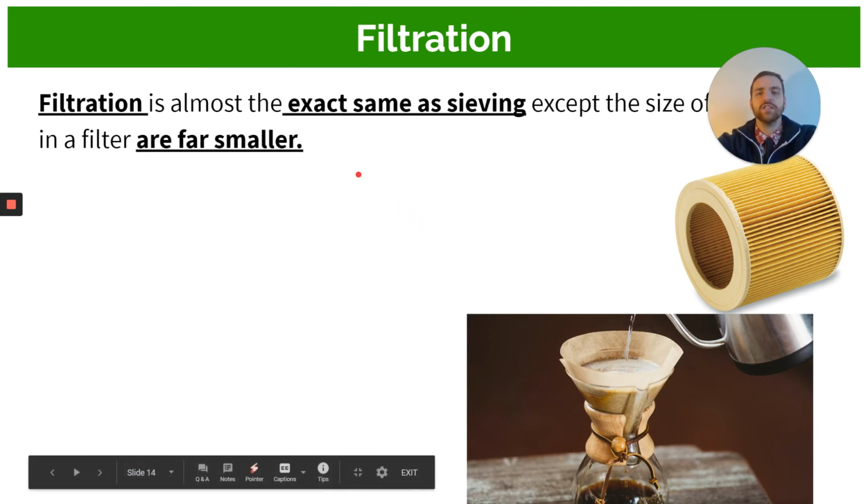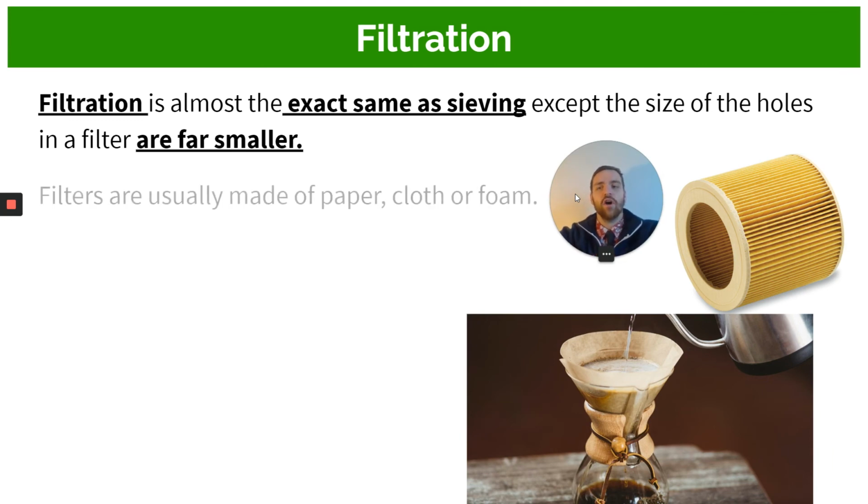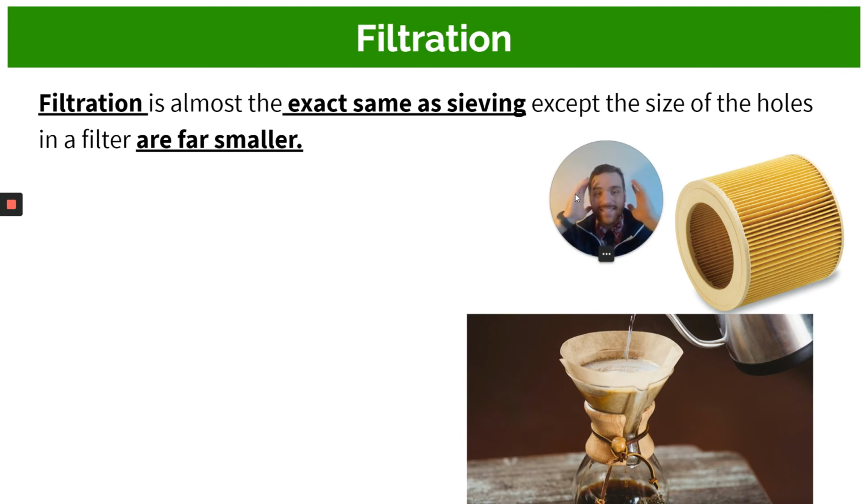Filtration is almost the exact same as sieving, except the size of the holes in a filter are far smaller. That's it. It's the same as sieving, except with filters, the size of the holes are so much smaller. So this is paper with small holes in it. That's a filter for coffee. This is an air filter with incredibly small holes that they use in your car.